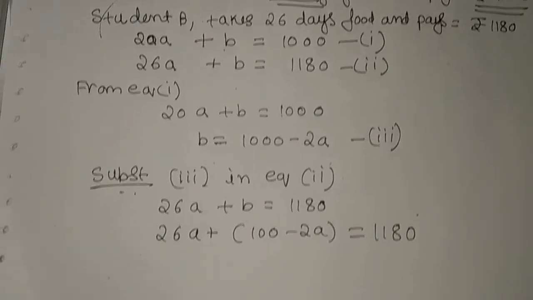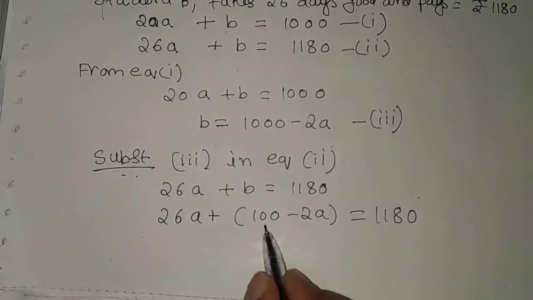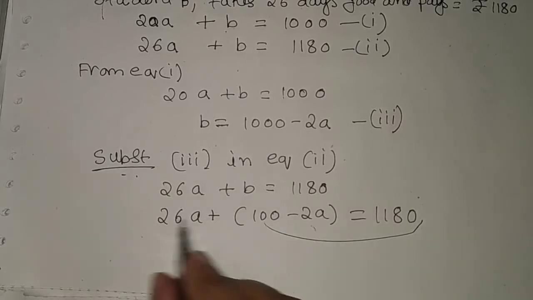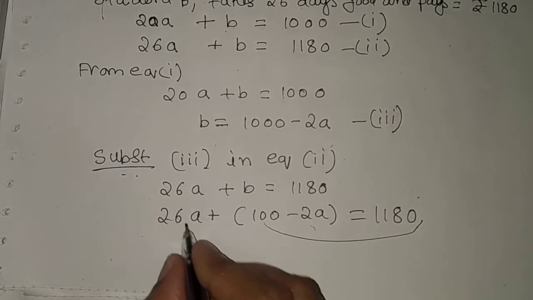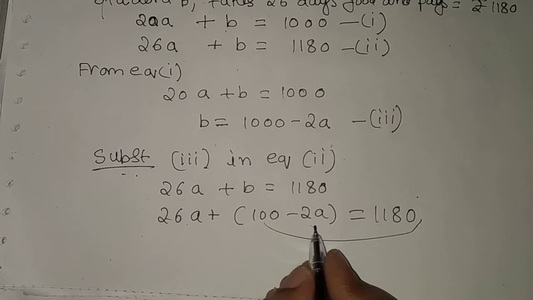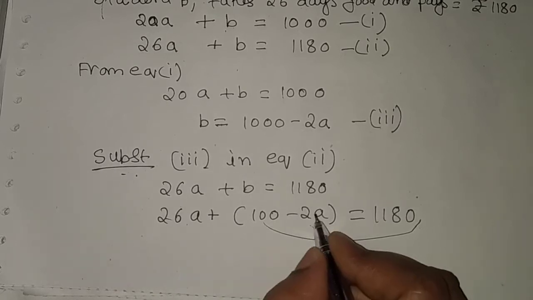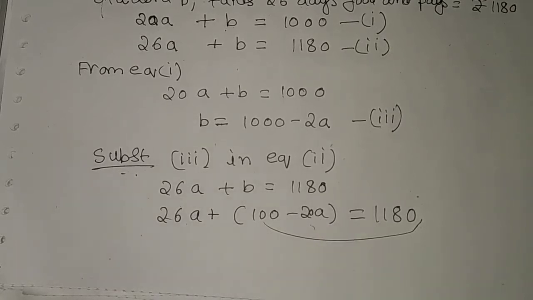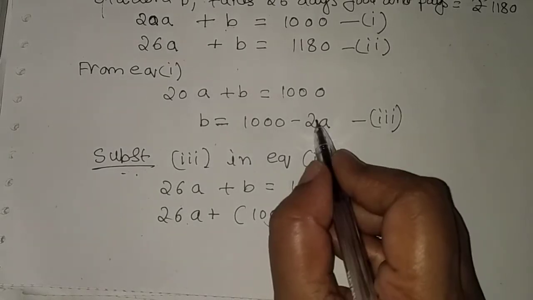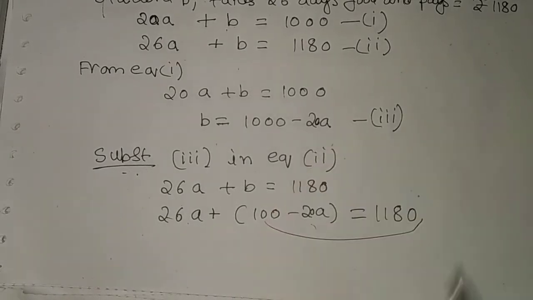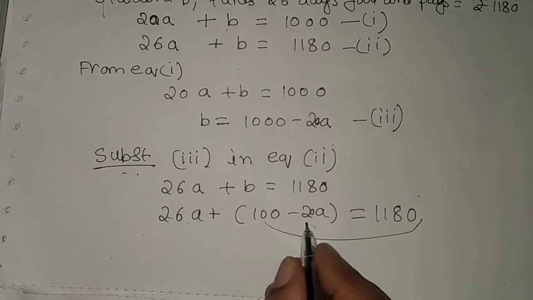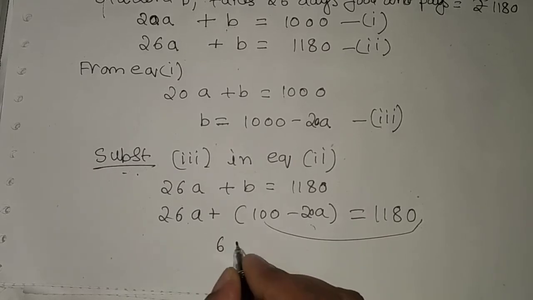So now we have to simplify this. 1000 goes to the other side. Means these two will become 26a minus 20a. 26 minus 20 will become 6a.